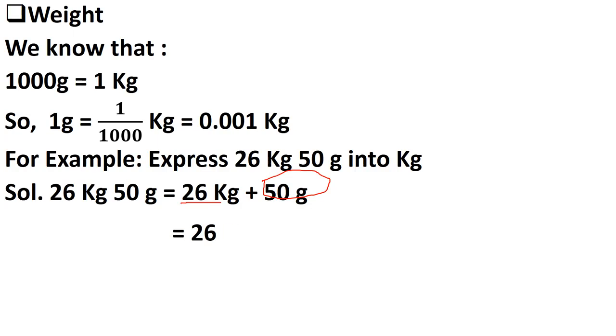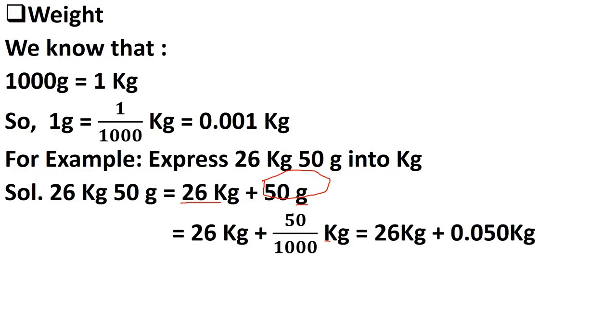How? 26 kilogram as it is, plus when we have to convert gram into kilogram, we will divide it by 1000. So it is 50 upon 1000 kilogram. 50 upon 1000 means now here are 3 zeros, so decimal will come before 3 places, starting from your right hand side. 1, 2, 3.